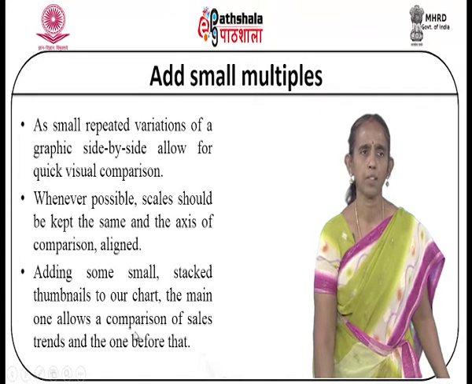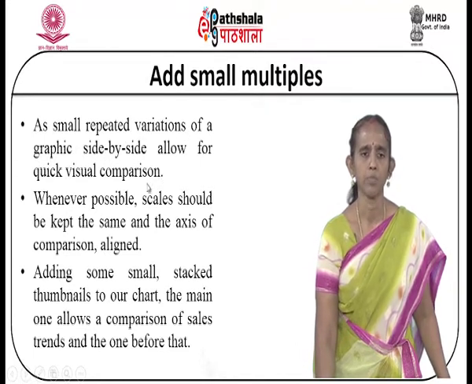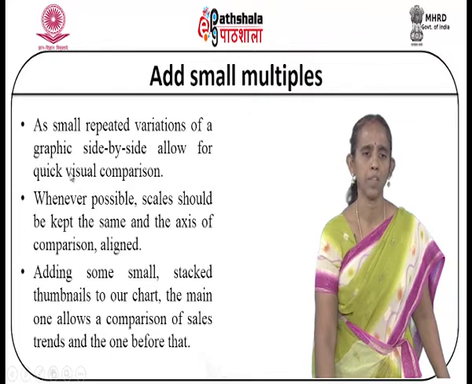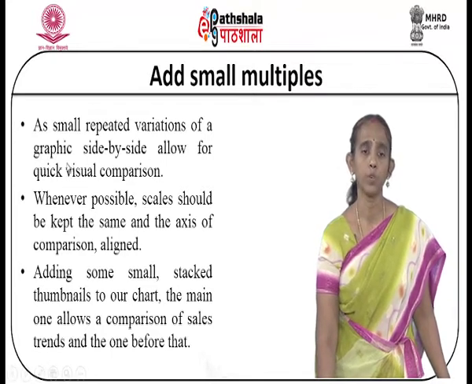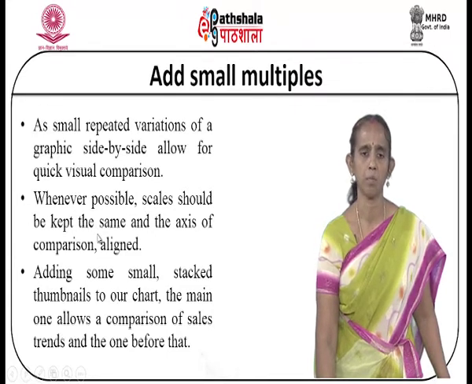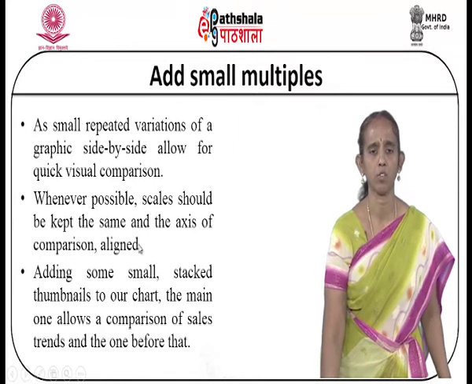The next principle that we need to look at is add small multiples. A small repeated variation of a graphic side by side allows for a quick visual comparison. So whenever we add small changes into the already existing visual, that may help us in grasping a large amount of information and will also help the end user in having a quick visual comparison. Whenever possible, your scales should be kept the same and the axes of comparison should be aligned.